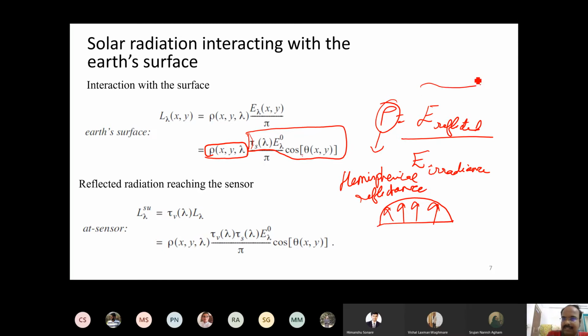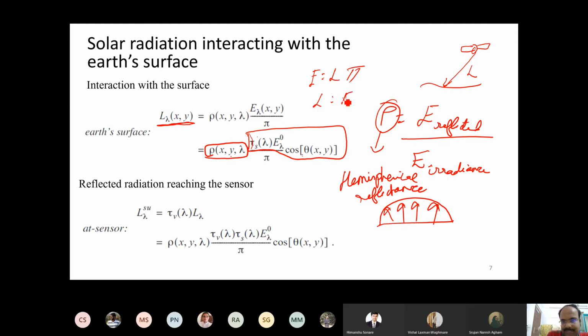But we all know that this is directional. So instead of irradiance, we need to use the radiance term L, and for Lambertian surfaces, E is equal to L pi. So essentially the radiance reaching the sensor is the irradiance received from the sun multiplied by hemispherical reflectance divided by pi.